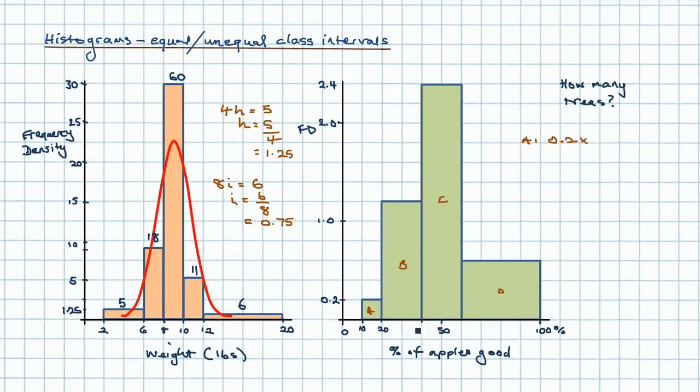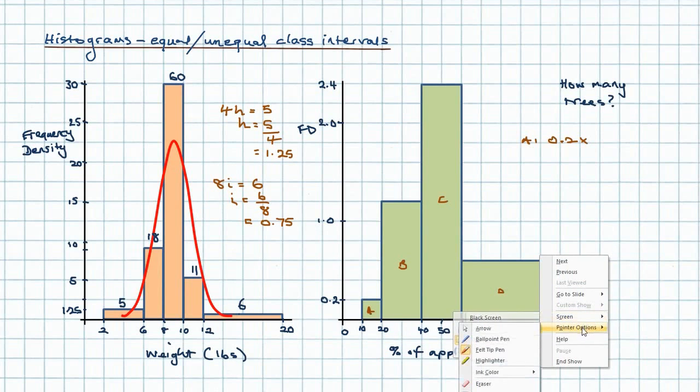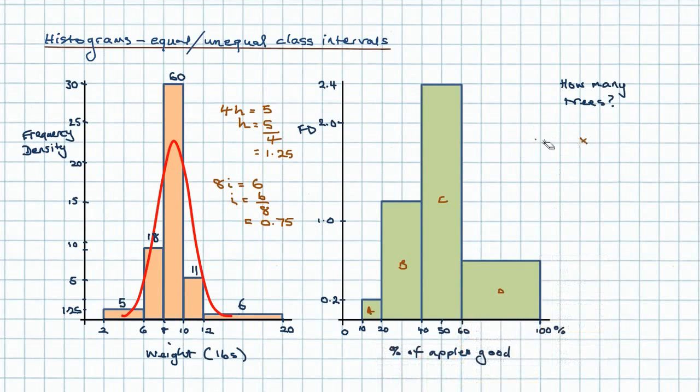So that's 10, 20, 30, 40, 50, 60, and then we've got an interval between 60 and 100. So here we've got a width of 10, so it's 0.2 times the width, which is 10, which gives us 2 trees. So our frequency for this class interval here must be 2.